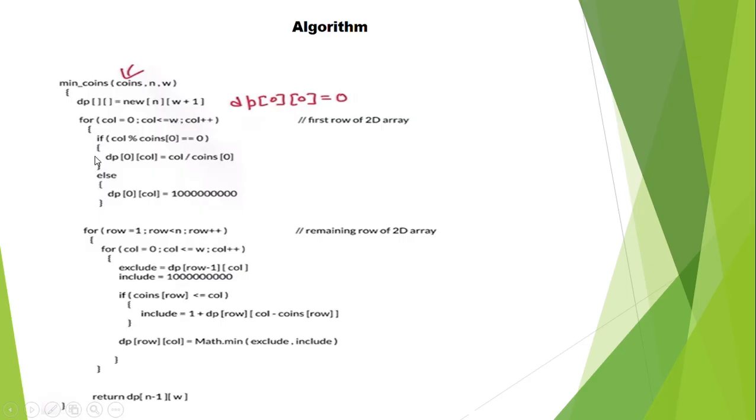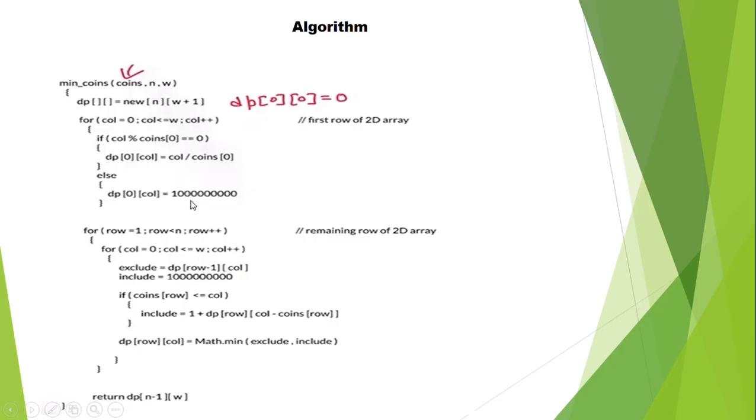Here we have a for loop which runs until our column value is less than or equal to W, to fill our first row. If column modulus coins equals 0, then divide the column by the coin and write the value at that element of the column. Here we are filling the first row, so we use 0.